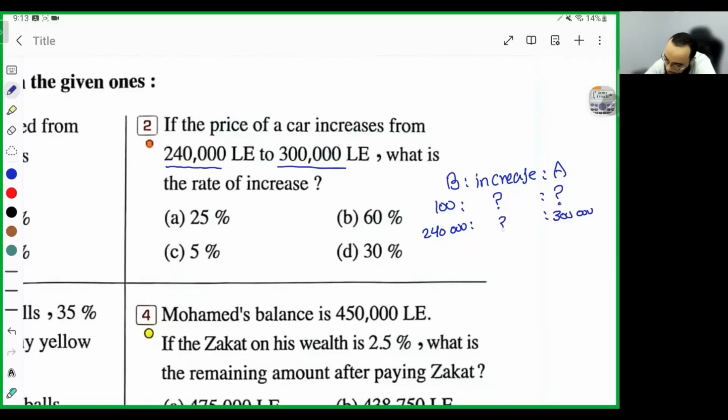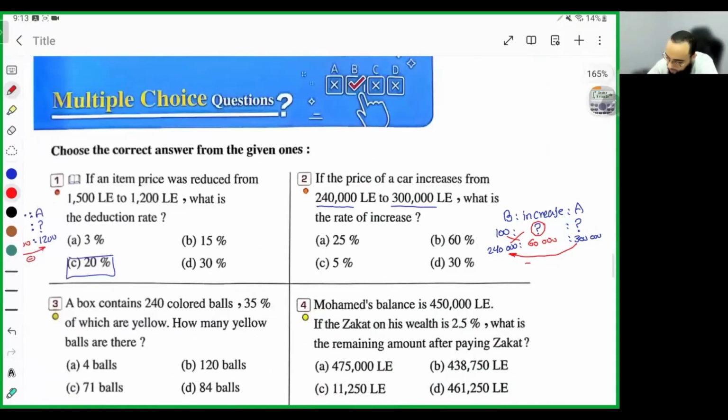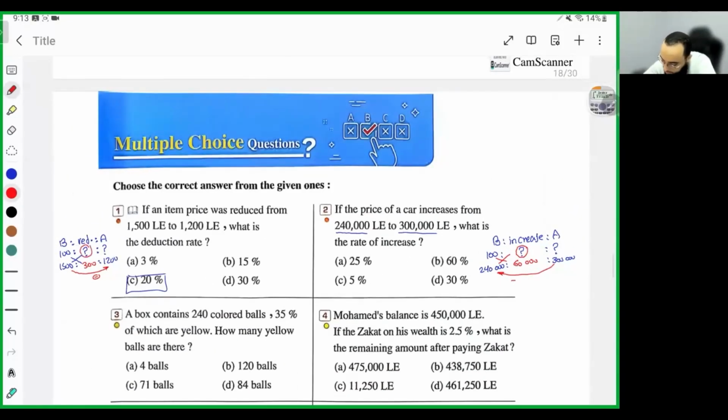How can we calculate this number? Who knows? Something like subtracting them together. This is minus this, 60,000 pounds. Make a cross multiplication to get the amount of increase itself. Like this. We did a cross multiplication to get the amount of reduction. This was a reduction question.